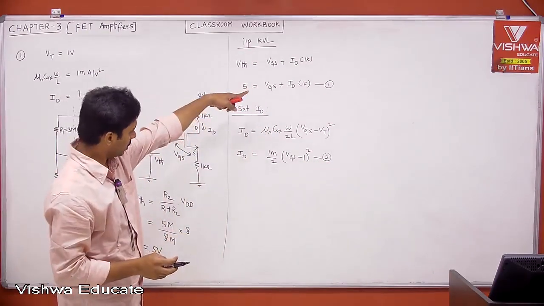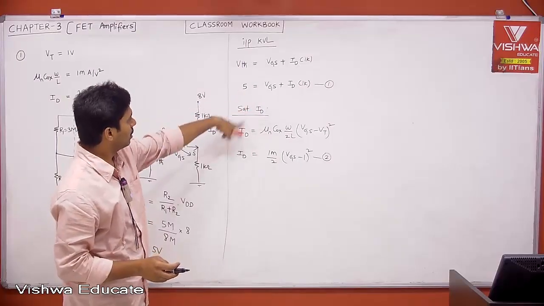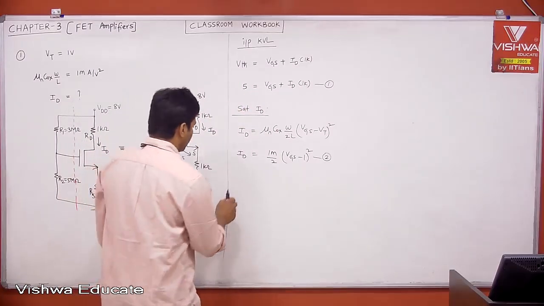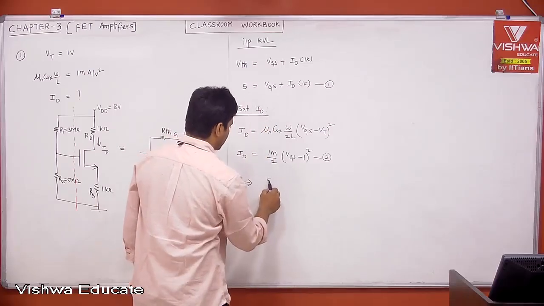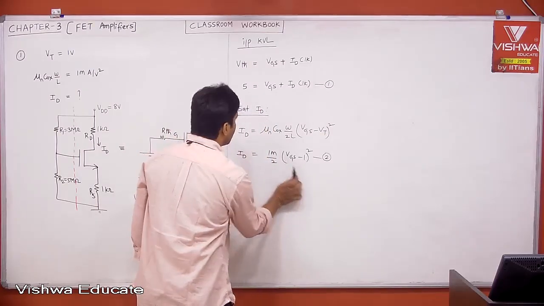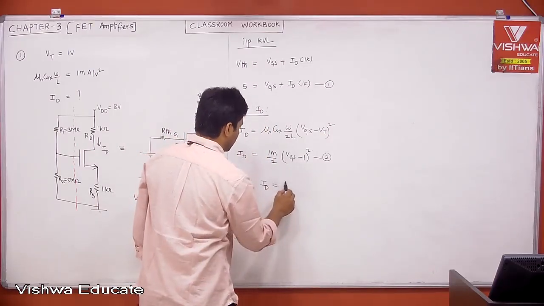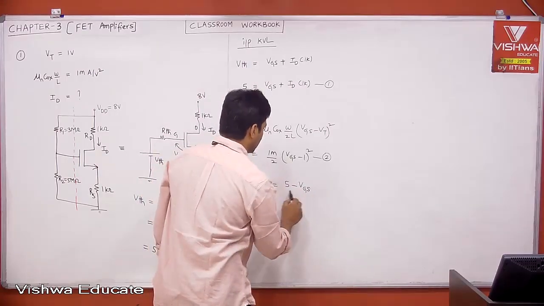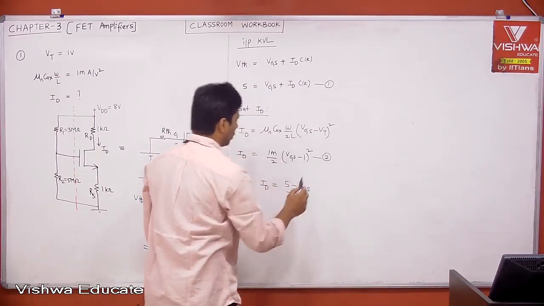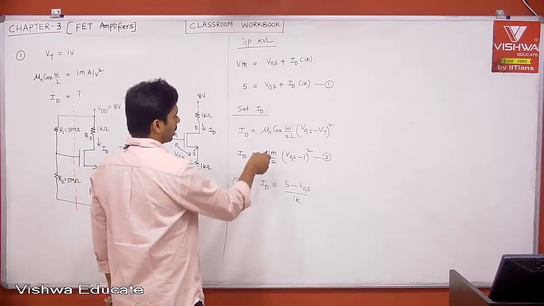Then what is ID in terms of VGS? Equation 1 implies ID is equal to (5 minus VGS) divided by 1 kilo. You substitute that in equation 2.